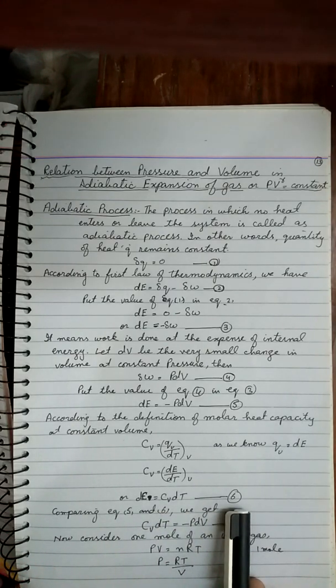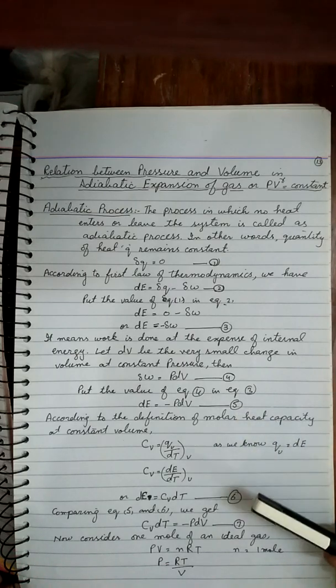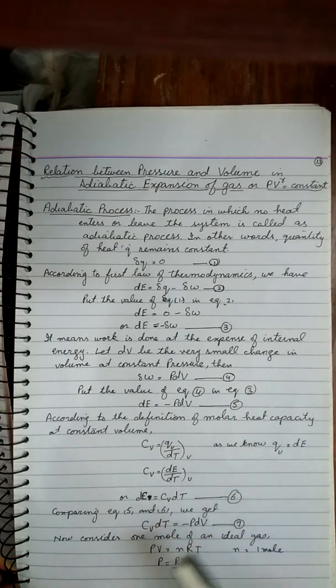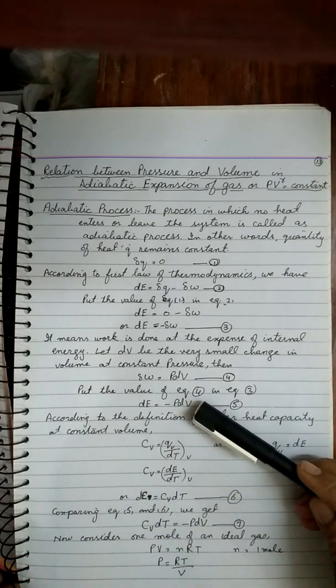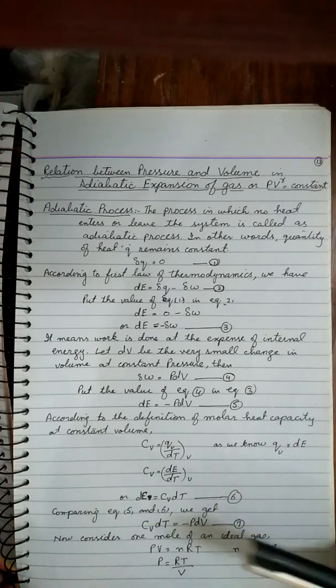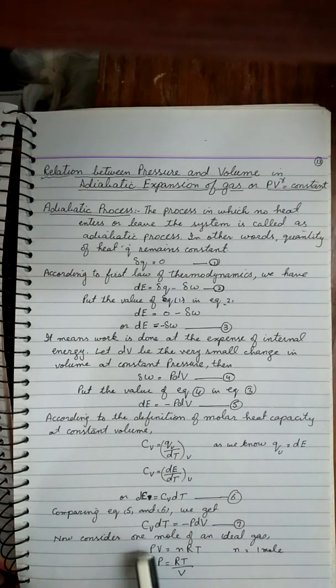Now compare equation number 5 with equation number 6. So it will become CV dT. This CV dT is equal to minus P dV. Consider 1 mole of an ideal gas. This is the ideal gas equation, PV is equal to nRT.